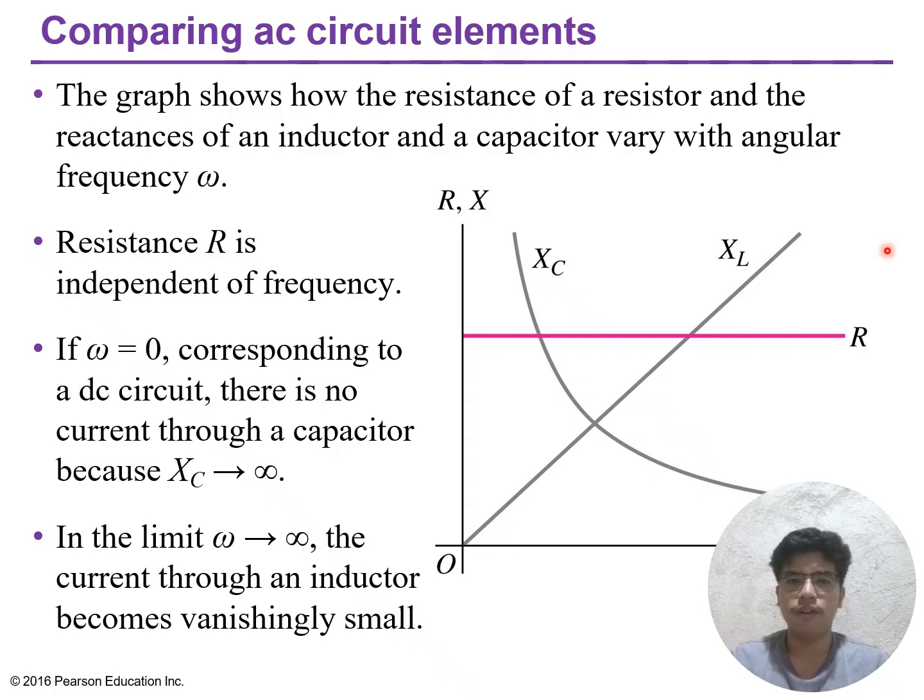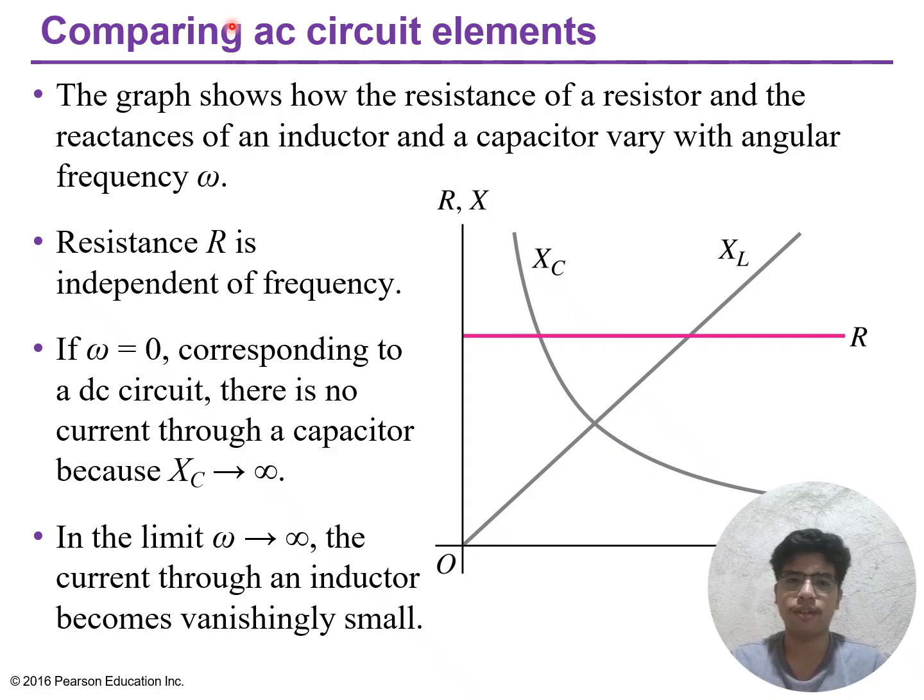This comparative visualization reveals why circuit designs work for particular frequency ranges. In the low frequency limit, where omega approaches zero, capacitors block and inductors pass, making inductors valuable for DC power supplies and low frequency filters.